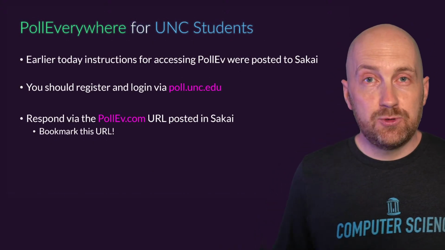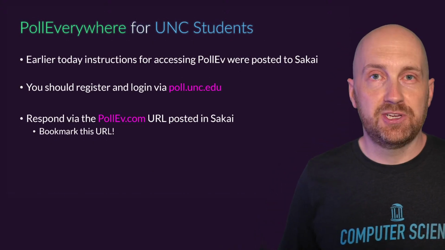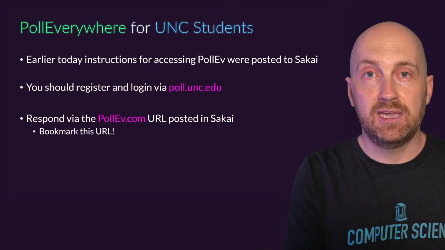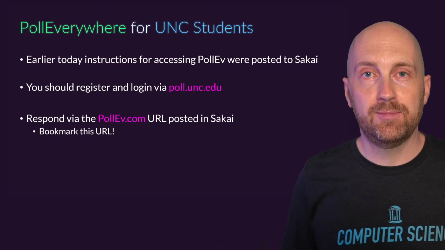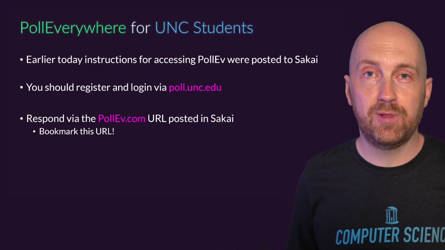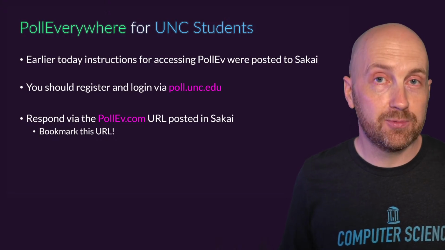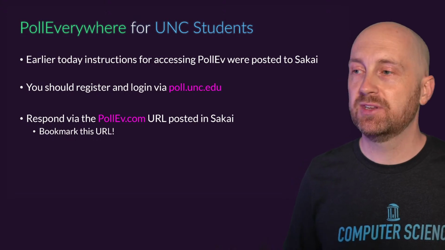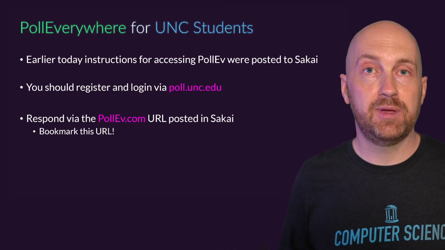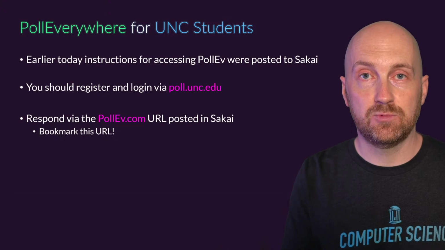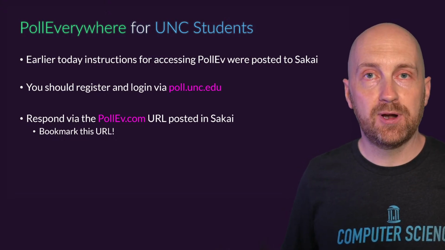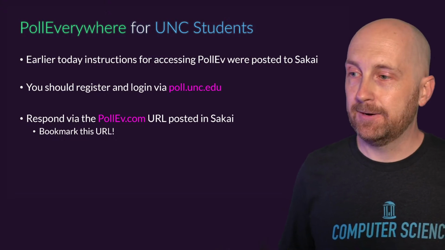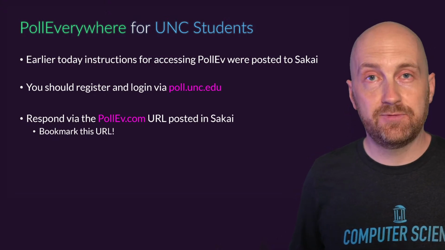You all should have received some instructions on how to get registered for Poll Everywhere through Sakai. We're going to be using Poll Everywhere this semester to interact with one another and to get responses and ask questions. One of the ways that I'll be able to take questions, and we'll come back to this once we get there, is through Poll Everywhere. There's currently a poll up right now, and it's asking just a few background questions.